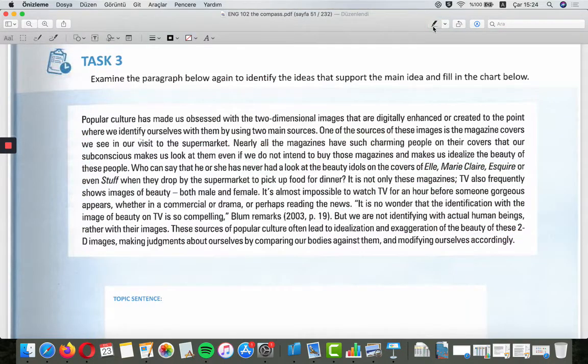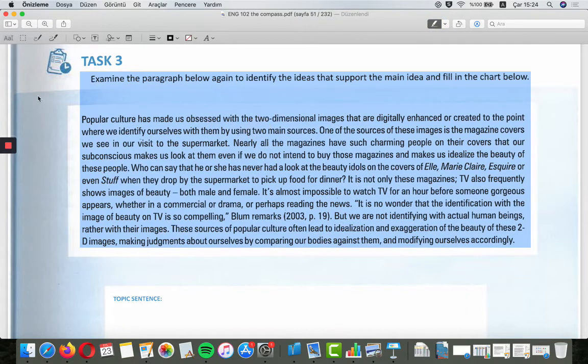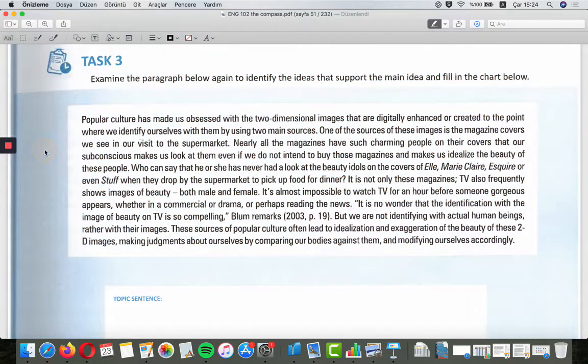When I look at this paragraph, I think, and I can say that this part, here. Sorry for this lighting, it's not the best.